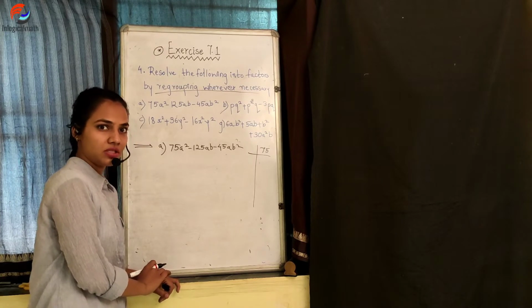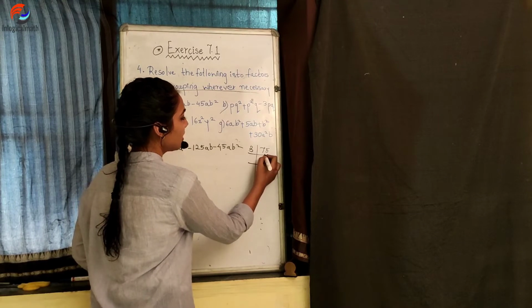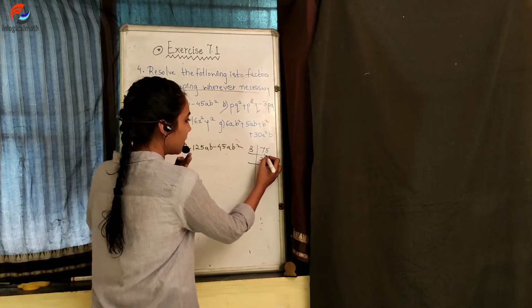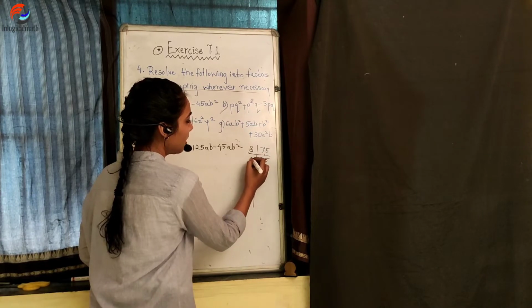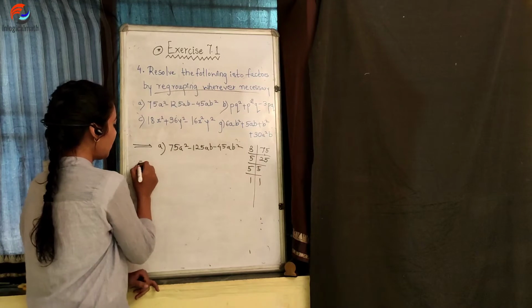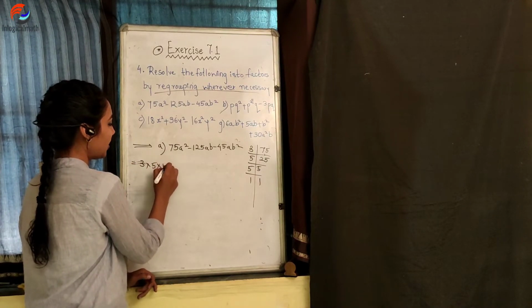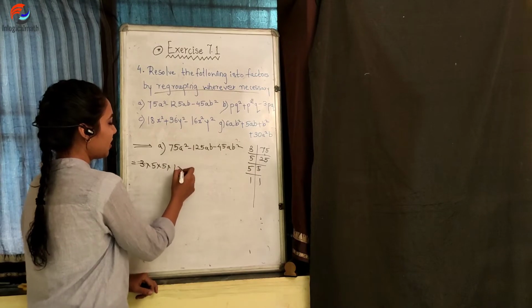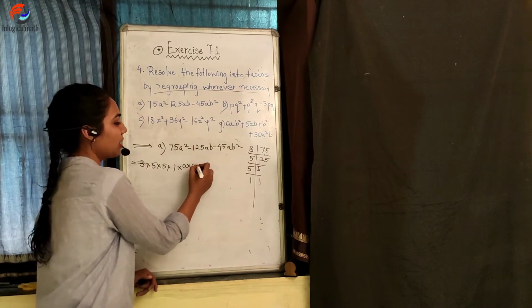So 75 is divisible by 3. 3 25s are 75. 25 is 5 5s. So the factors of 75 are 3 multiply 5 multiply 5 multiply 1. A square, A having 2 powers, so multiply A 2 times.